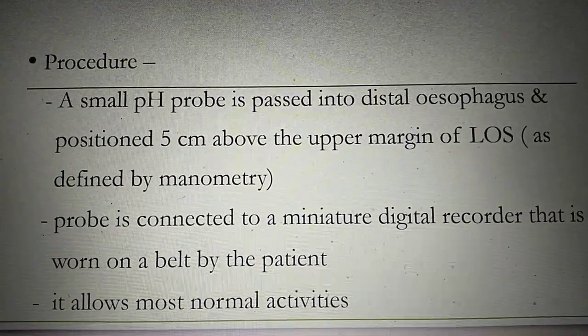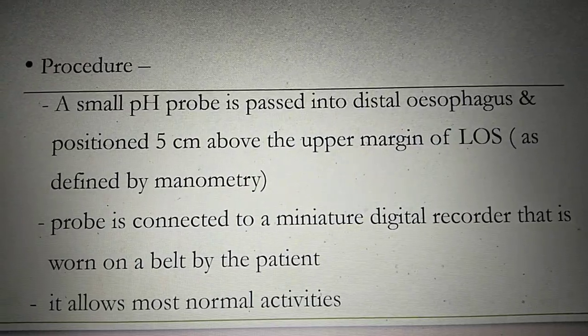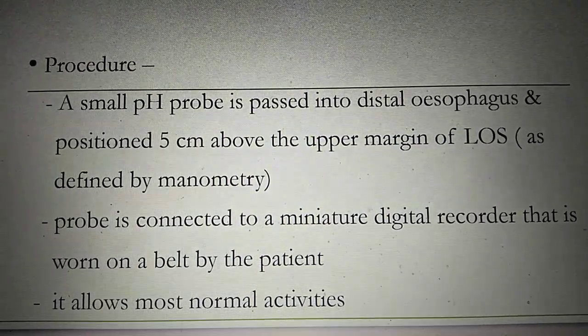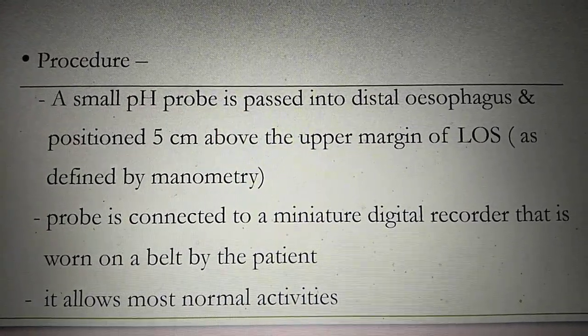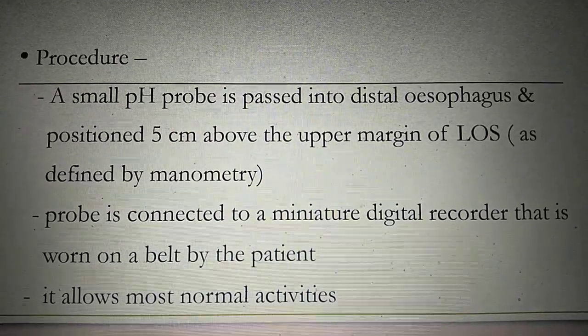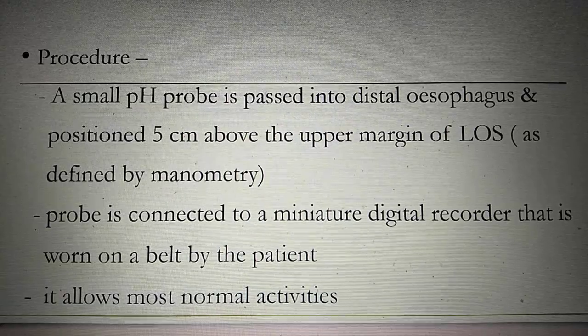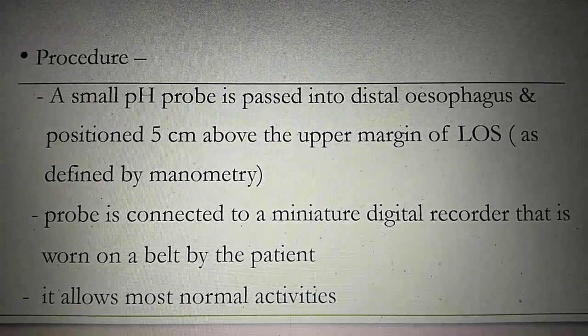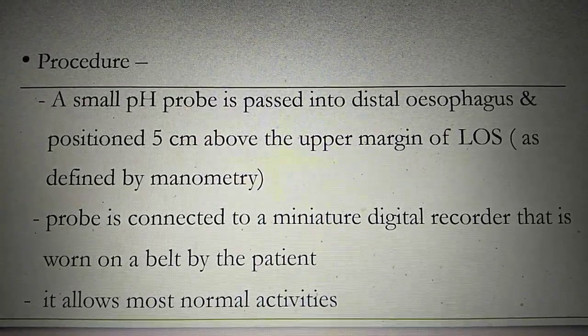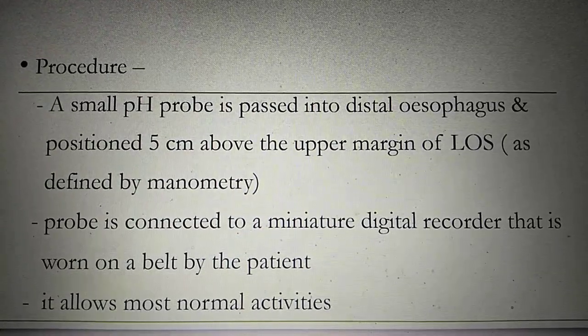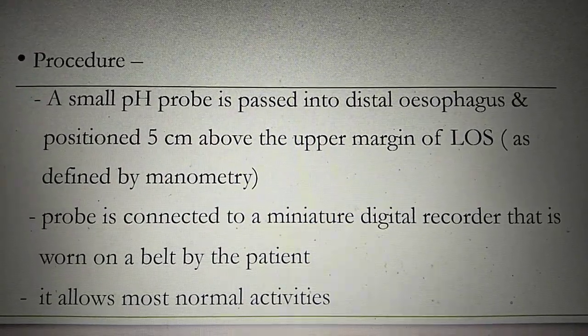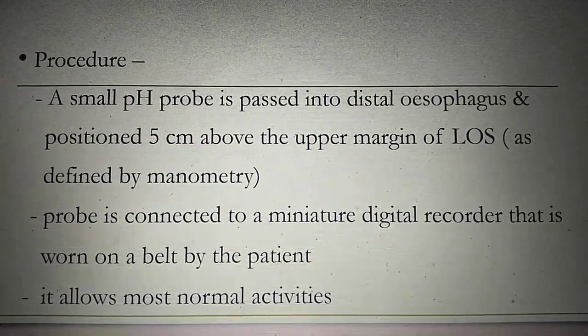Now, how is this 24-hour pH monitoring usually done? A small pH probe is passed into the distal esophagus and positioned 5 cm above the upper margin of the lower esophageal sphincter as defined by manometry. We have already defined that area, the LOS, by doing manometry.